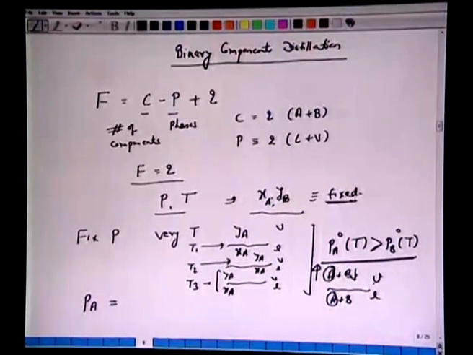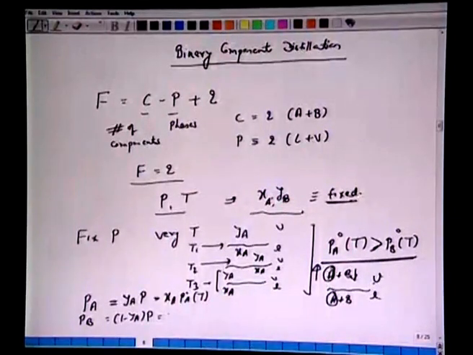How? Quantitatively we can calculate the partial pressure of A as YA P equals XA PA0(T), or the partial pressure of B as 1 minus YA, which is YB, times total pressure, equals 1 minus XA, which is XB, times PB0(T).